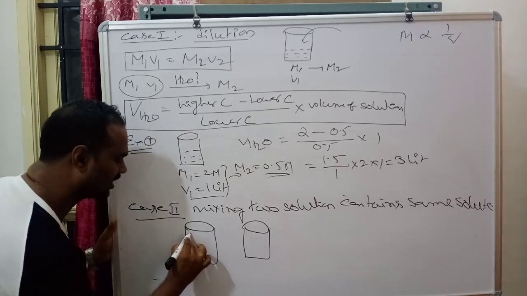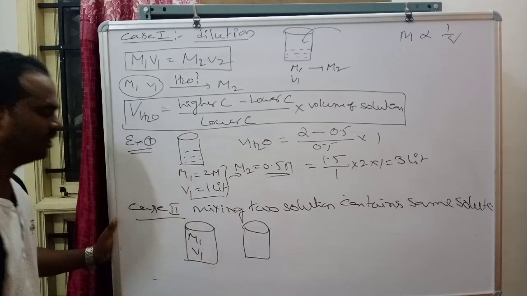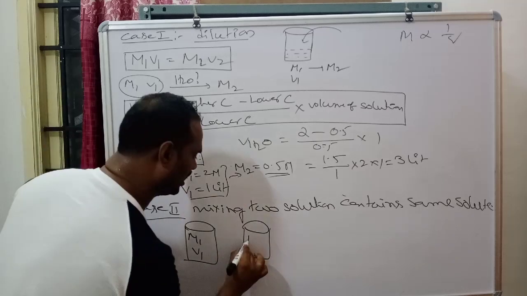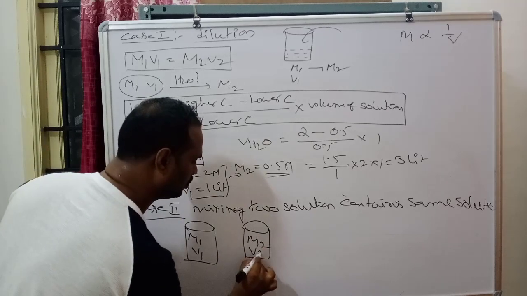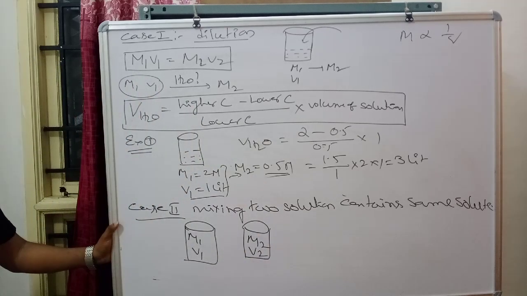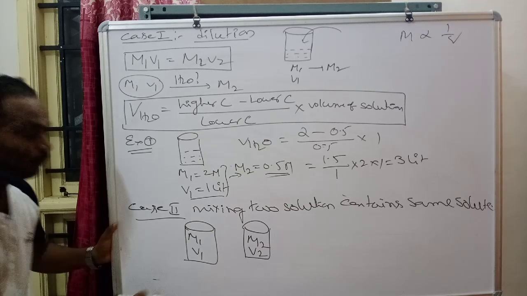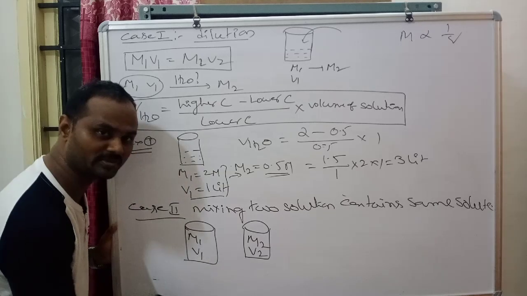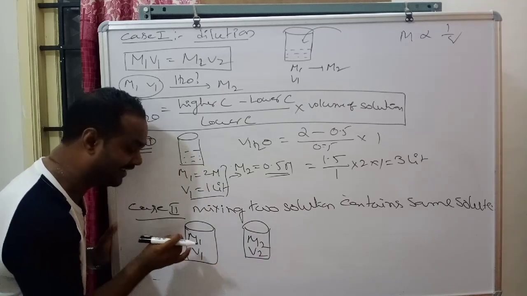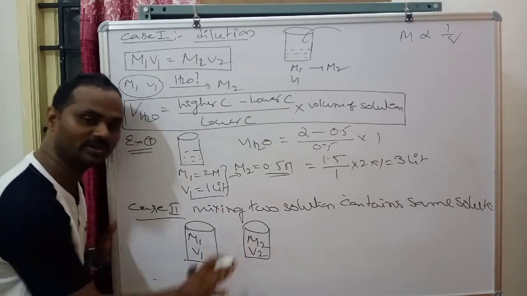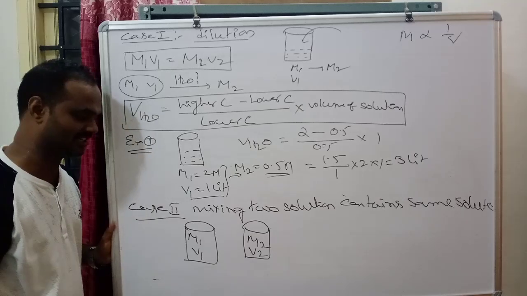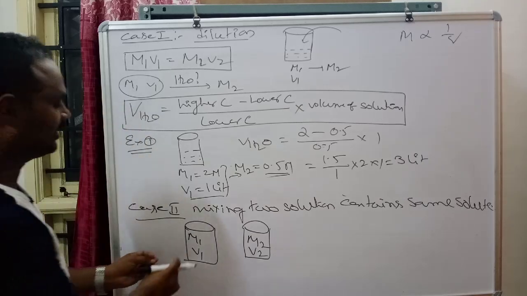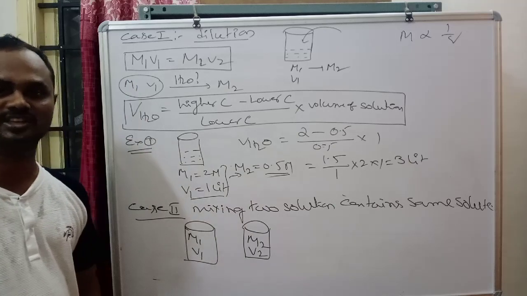This one has concentration M1 and volume V1, and the other has concentration M2 and volume V2. Carefully see, both solutions contain the same solute. Suppose it is a sugar solution in both, or H2SO4 solution in both. Is it clear? These two solutions have different concentrations and different volumes.